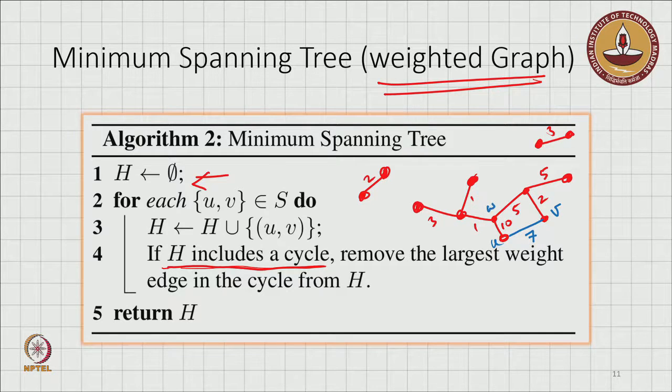Let's say this vertex is w, so that will be the edge uw, and that edge uw must be removed from H. By repeating this procedure for every edge uv, we'll be maintaining a spanning forest, and if at the end the graph is connected, that H will actually be representing the minimum spanning tree.